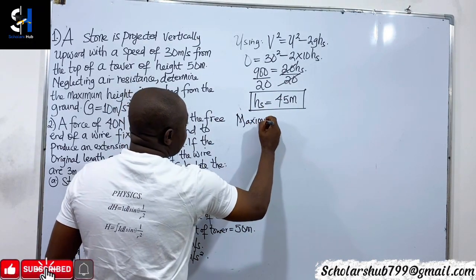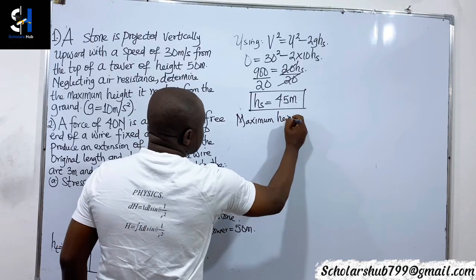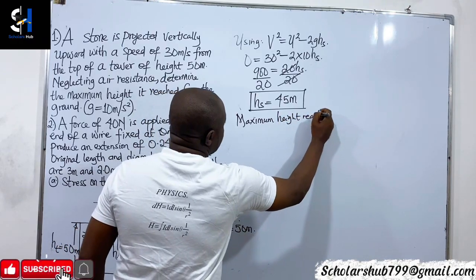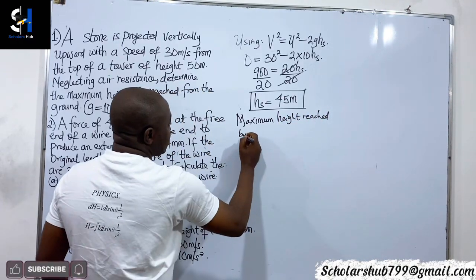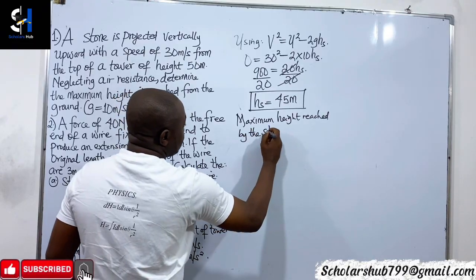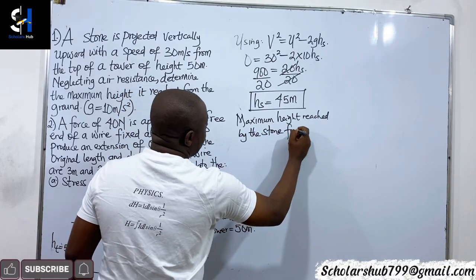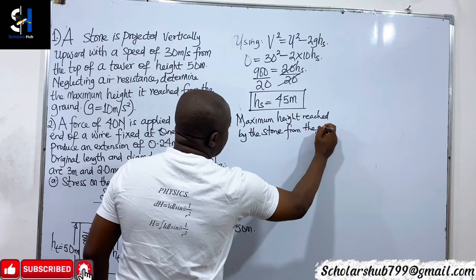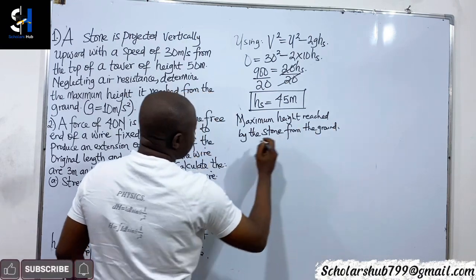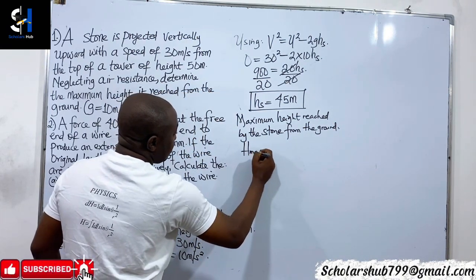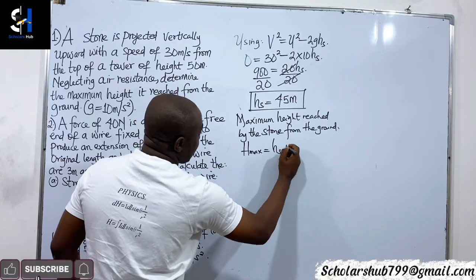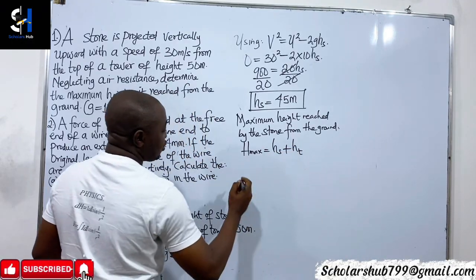Maximum height reached by the stone from the ground. So that will be h max, and that will be equals to height of stone plus height of tower.